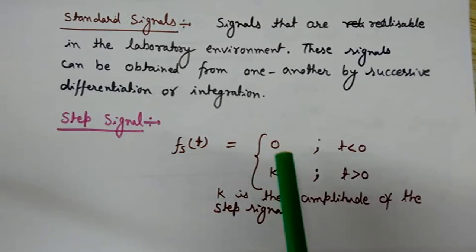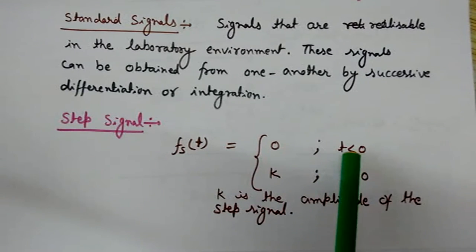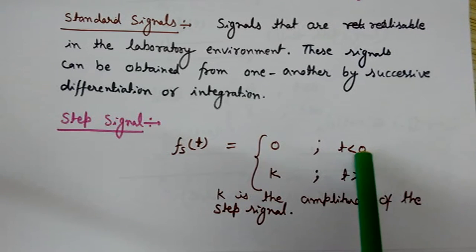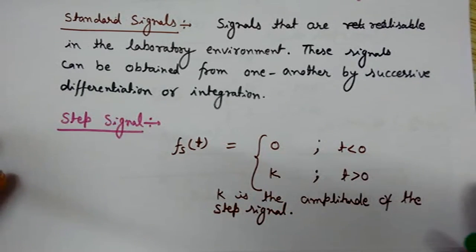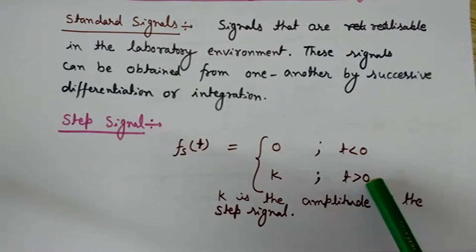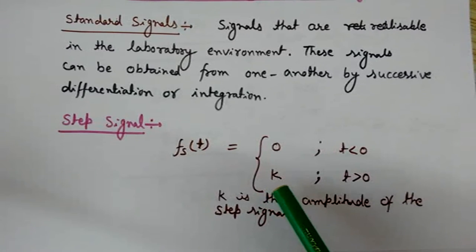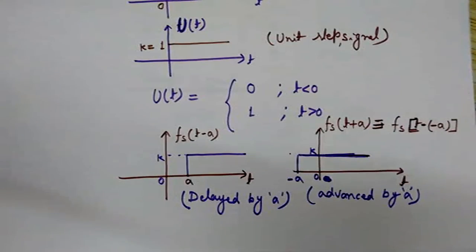So f(t) is equal to 0 for t less than 0, that is, for all negative values of t, and its value is equal to k for t greater than 0, or positive values of t. Here k is nothing but the amplitude of the step signal, which is a constant value.